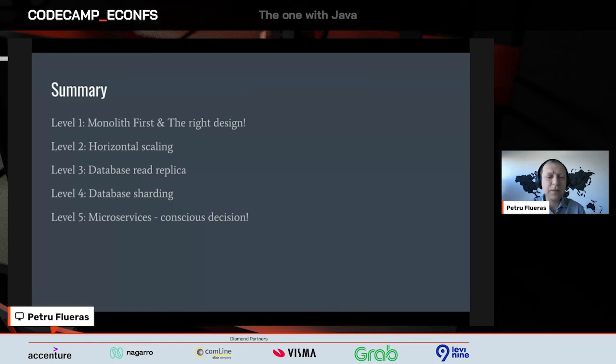Right now we are at the database sharding, and I think we will see each other soon to give you details about this step. Okay, and the last resort is the microservices choice.